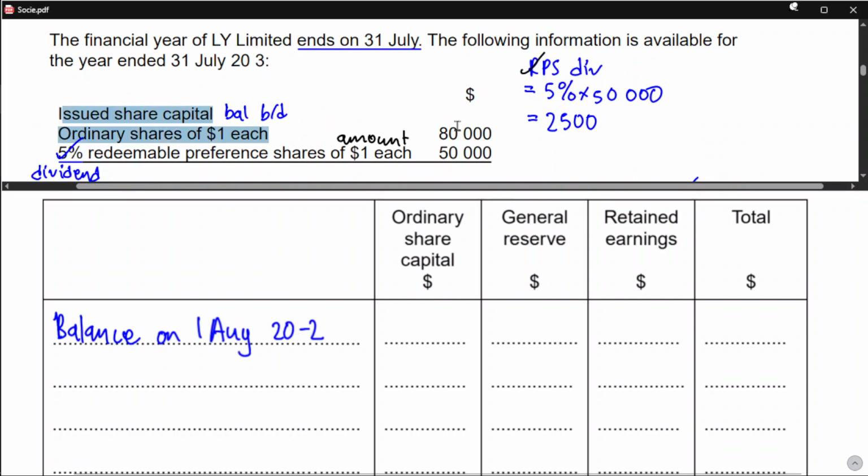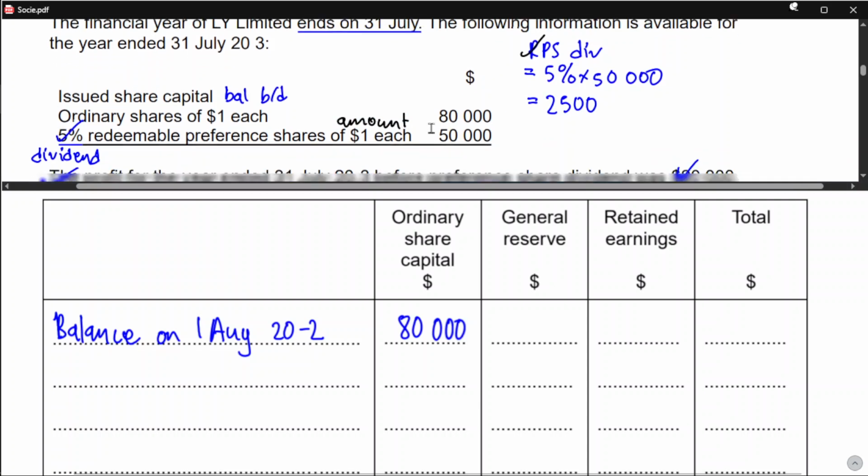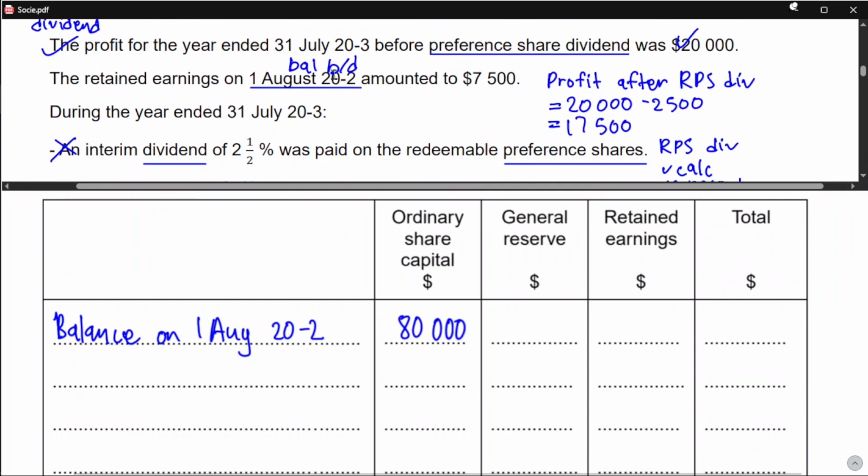So the balance PD will be this amount. This one recorded already. This one done already.